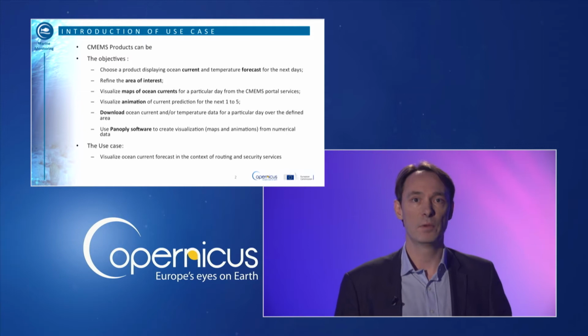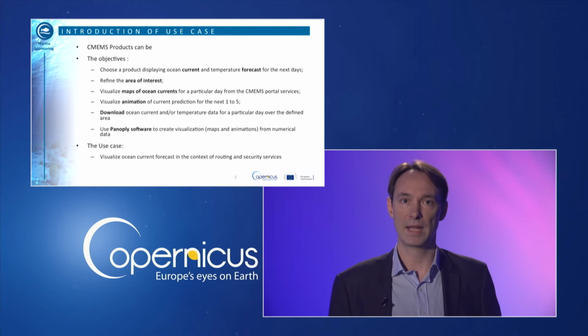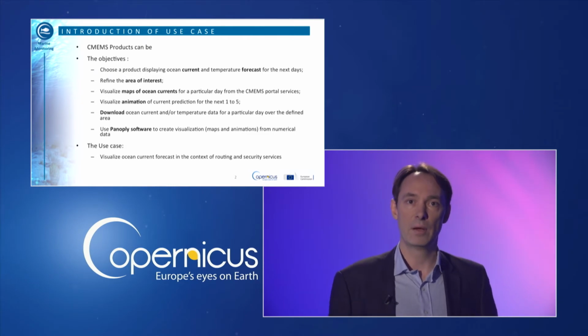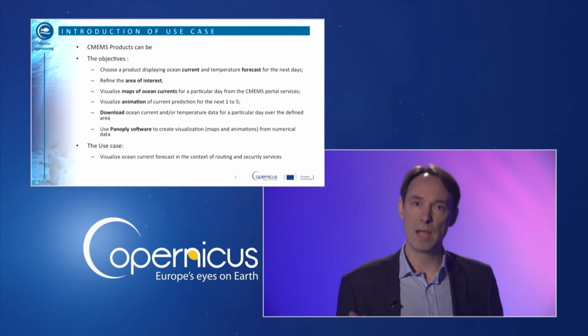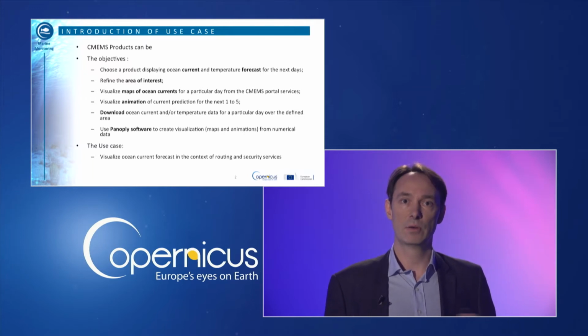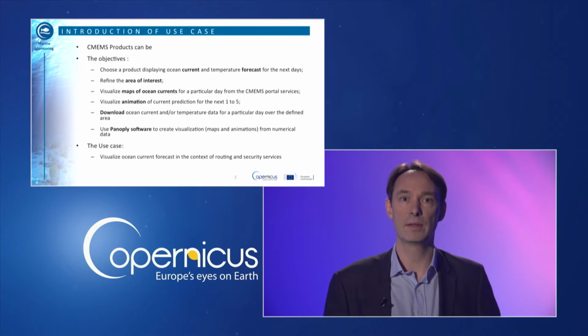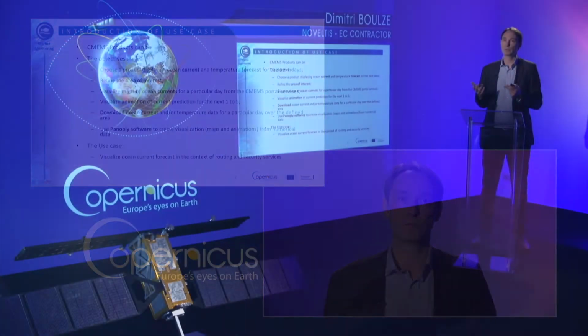The objectives of the module are to choose a product displaying ocean currents and temperature forecast for the next days, refine the area of interest, visualize maps of ocean currents for a particular day from the CMEMS portal services, visualize animation of this current prediction for the next 1 to 5 days, download ocean current and/or temperature data for a particular day over the defined area, and then to use the Panoply software to create a visualization such as maps or animation from the numerical data.